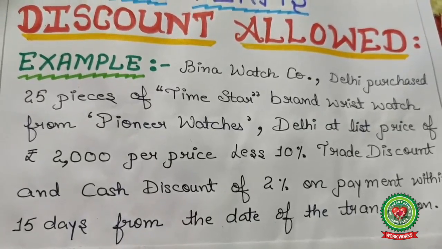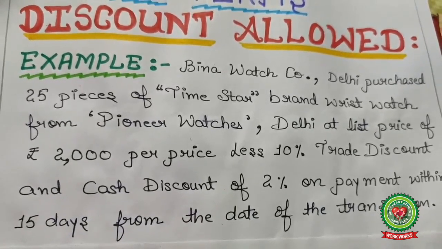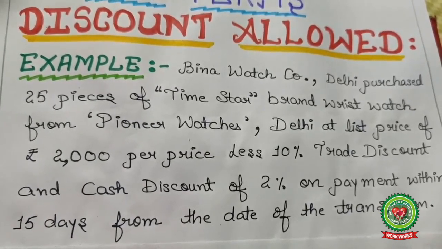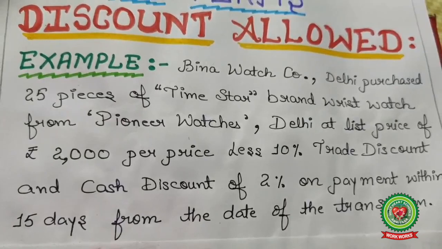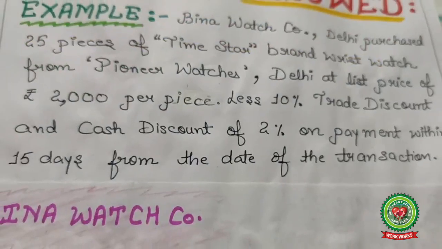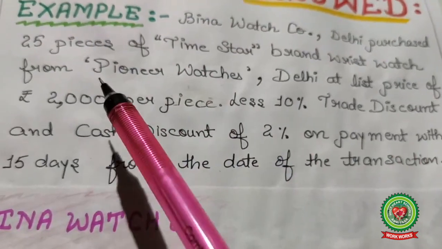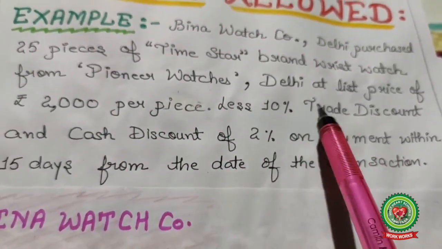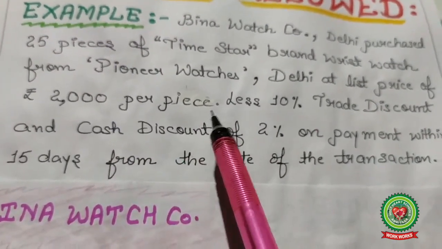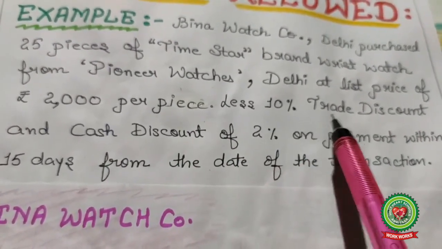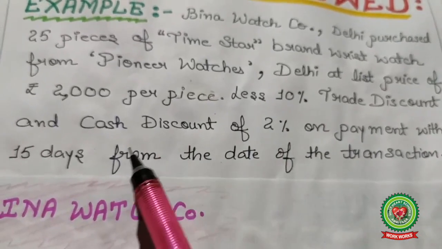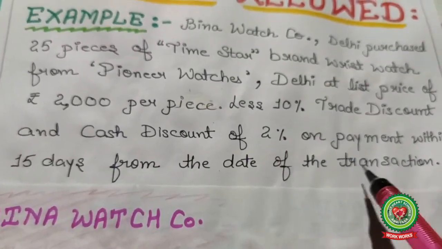Bina Watch Company, Delhi purchased 25 pieces of Time Start brand wrist watches from Pioneer Watches, Delhi at a list price of rupees 2000 per piece, less 10% trade discount and cash discount of 2% on payment within 15 days from the date of transaction.